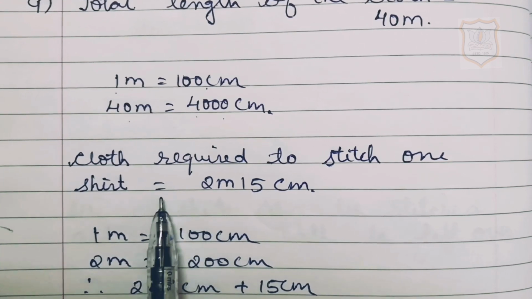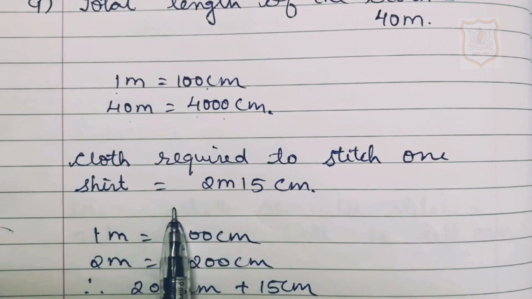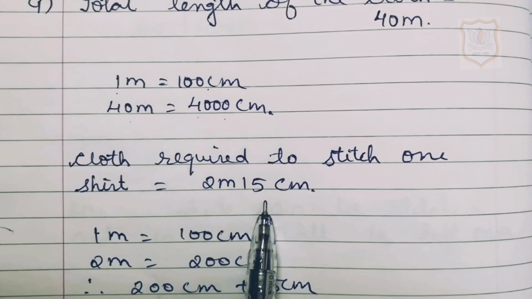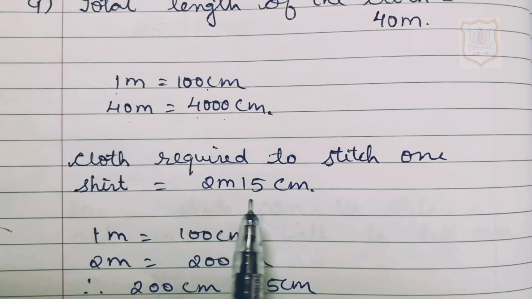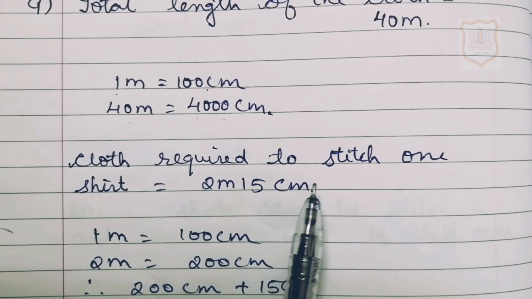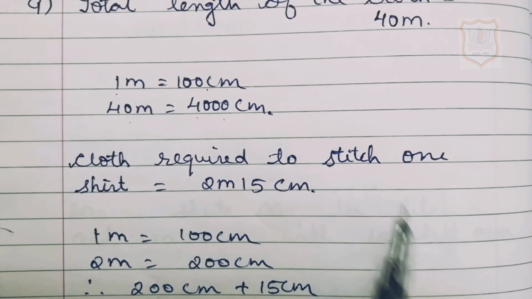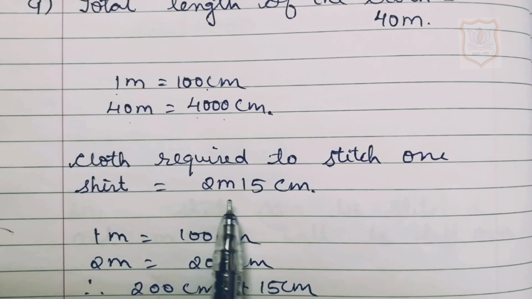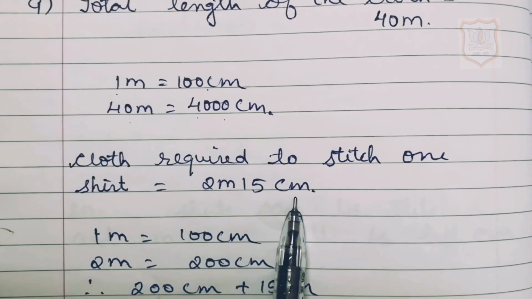Now cloth required to stitch one shirt is equal to 2 meter 15 centimeter. It's also mentioned in the question that we require 2 meter 15 centimeter of cloth to stitch one shirt. Now we have to convert this 2 meter 15 centimeter into centimeters.